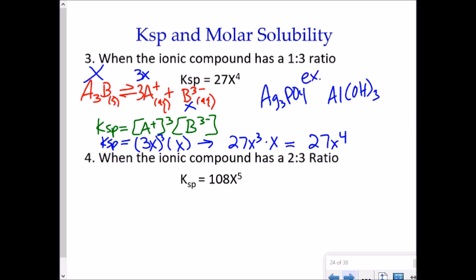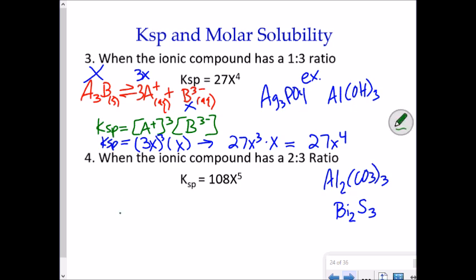And the fun one, the 2 to 3, 108x to the 5th. So that could be very similar to the aluminum carbonate example that we did. Al2, CO3, right? Or even the bismuth one, bismuth sulfide. That one would fit this type of ratio, okay?